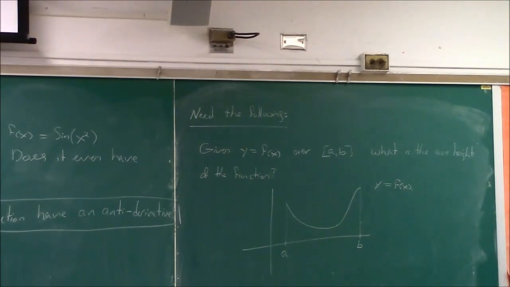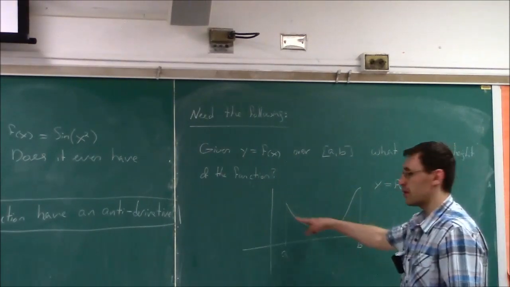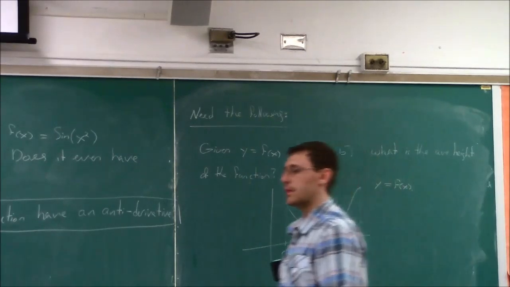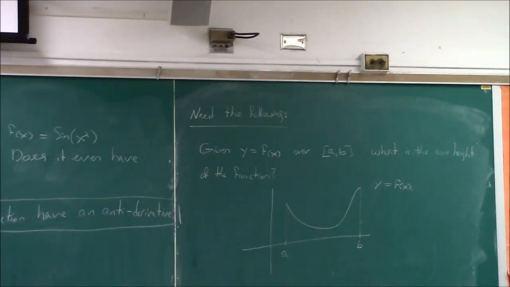First of all, does it make sense what I'm asking? So I have this curve. It's a one-dimensional landscape, and I'm asking, on average, how high are we?